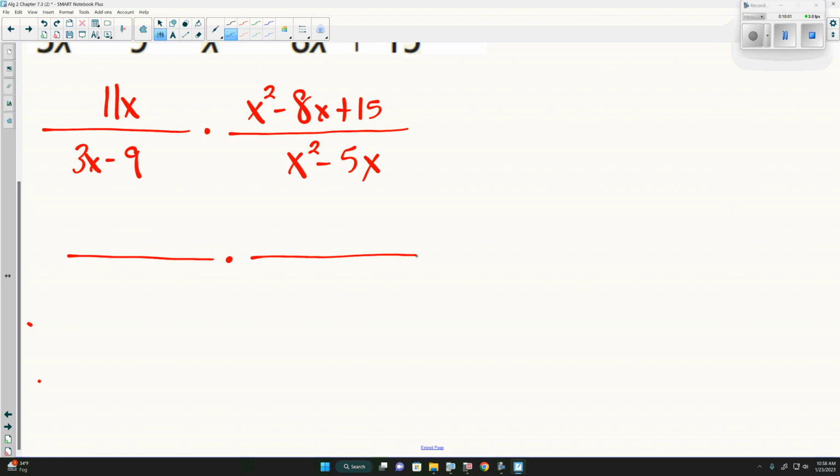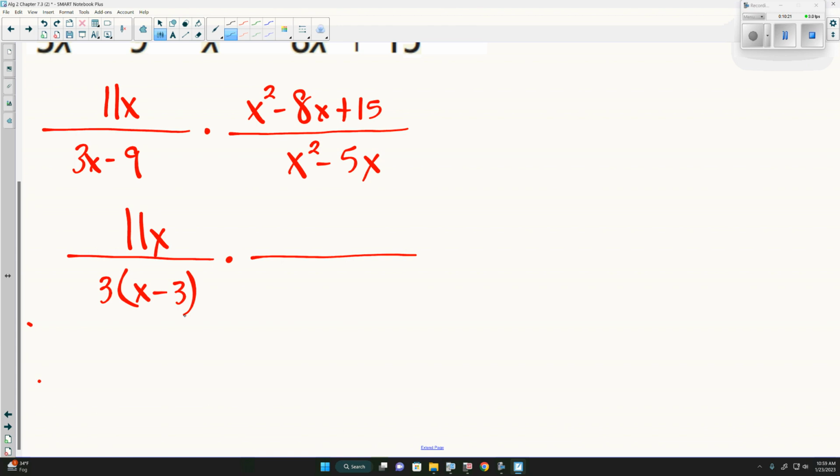Now we can go about factoring. Well, 11x is going to be 11x. 3x minus 9 has a greatest common factor of 3 that we can pull out of both. 3 factored out of 3x will leave us with x minus 3. 3 factored out of 9 is 3.